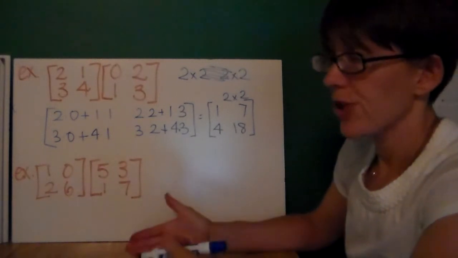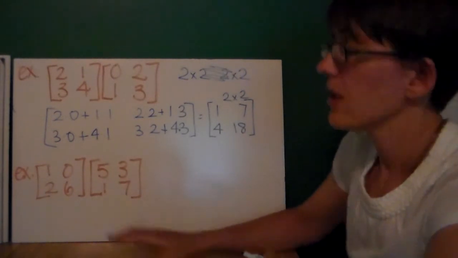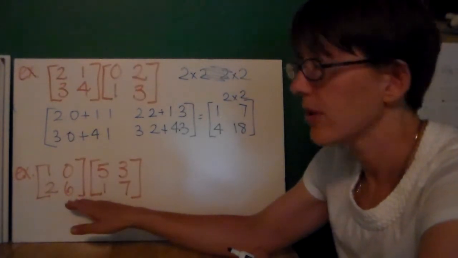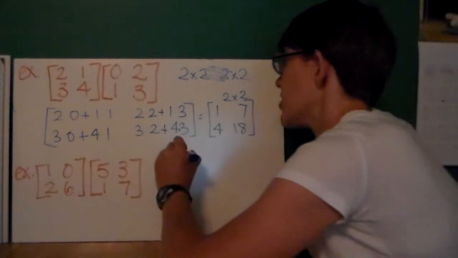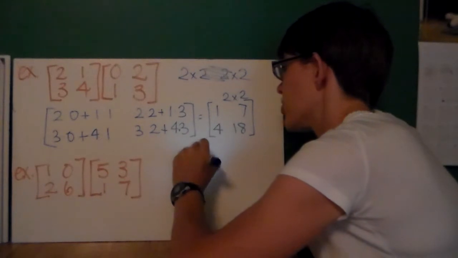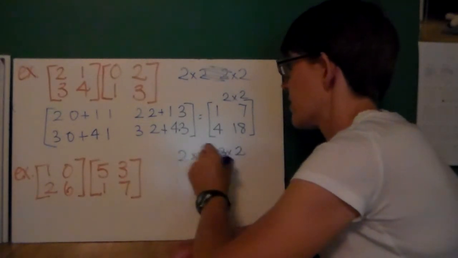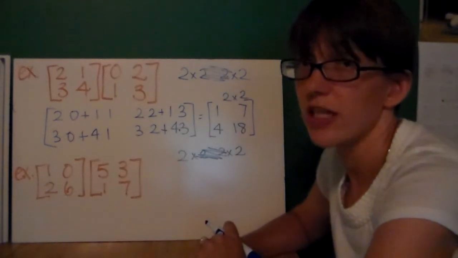Okay. So now that we've done this, you can see that I should be able to multiply a 2 by 2 matrix by another 2 by 2 matrix, and I should get an answer that is a 2 by 2 matrix.